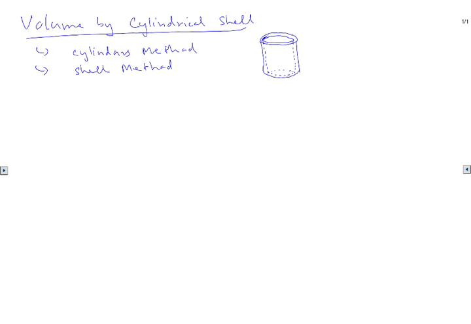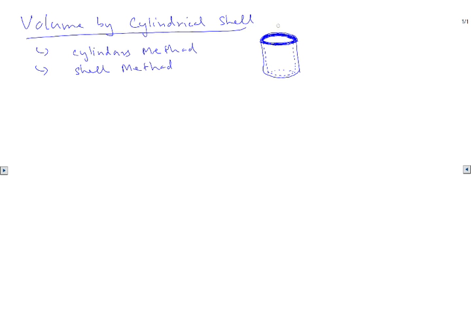You can see the shell is hollow, there's nothing in the middle. So we're gonna find the volume of one such shell and then add all the shells.